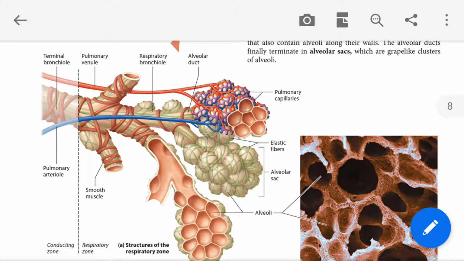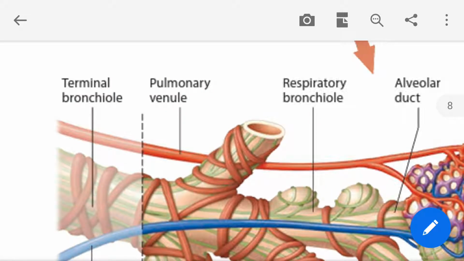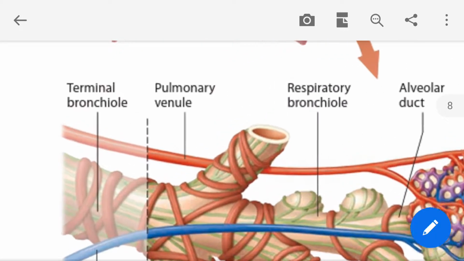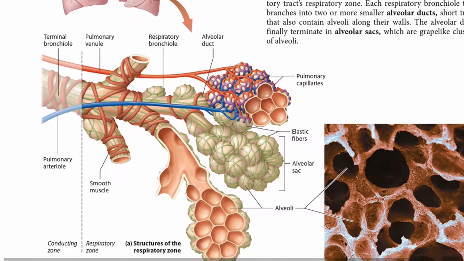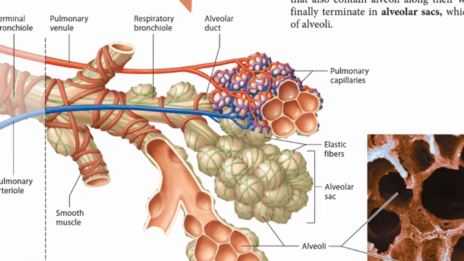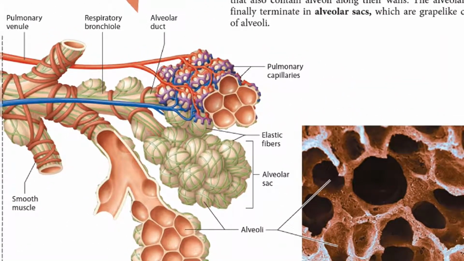Up to the terminal bronchiole, starting from the nares, the nasal cavity, the trachea and all the branches, up to the terminal bronchiole, it is the conducting zone. Okay, and from the respiratory bronchiole onward, this part is the respiratory zone.